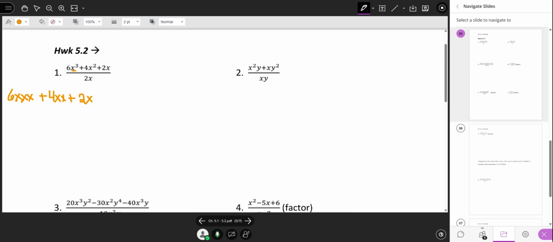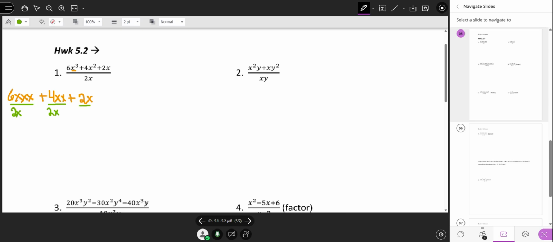Now remember that when you've got one item or one term on the bottom in the denominator, you can split it. It's one of the rules of fractions.